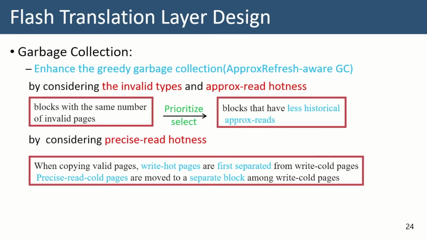Then, because the traditional greedy garbage collection would reclaim the block with the largest number of invalid pages, regardless of their page types, we enhance the greedy garbage collection. We merely consider the victim block selection and the precise read hot-cold separation.